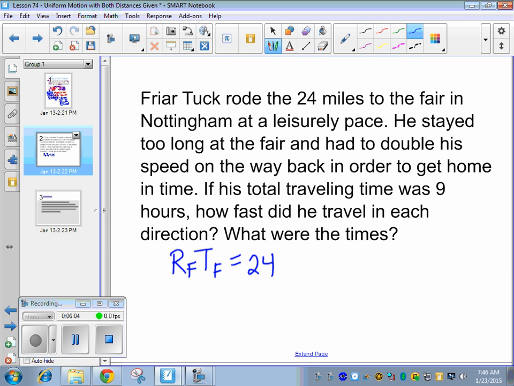All right. He stayed too long at the fair and had to double his speed on the way back. Oh, so we're doing a there and back, right? So what are both distances going to be? 24. So let's do a there and a back.